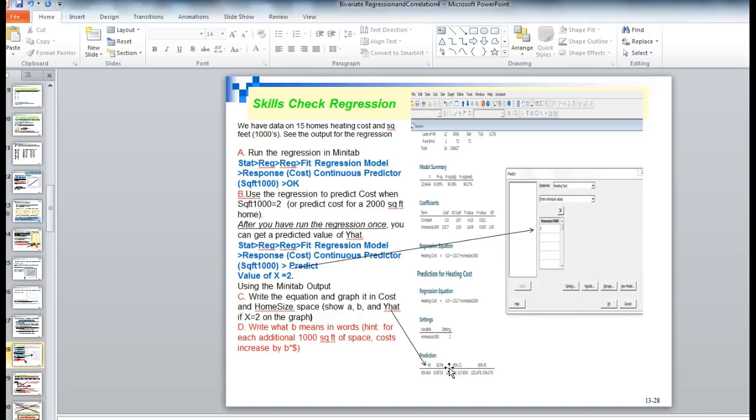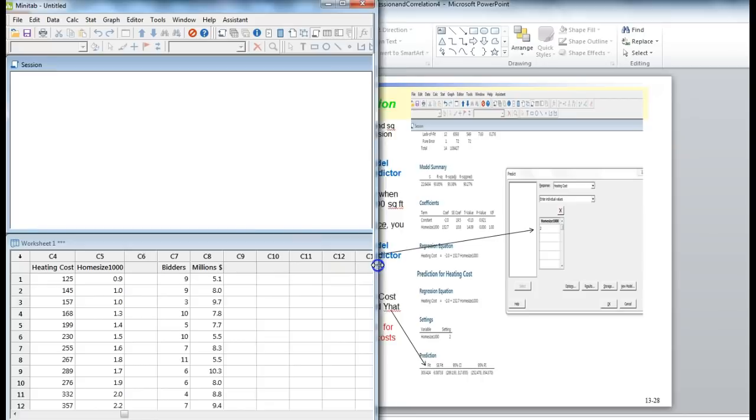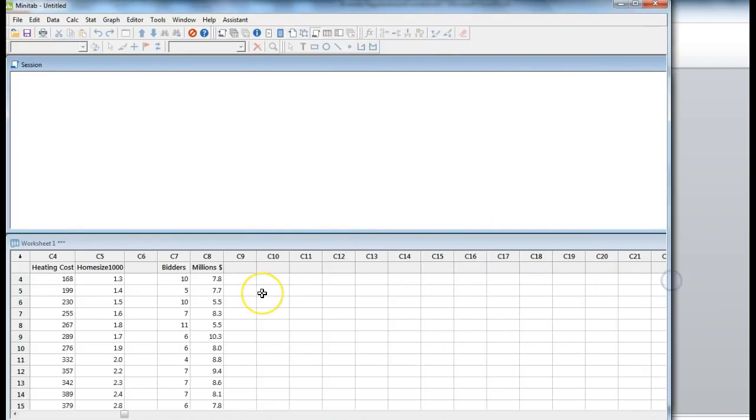So let's see if we can figure out how to do heating cost. I happen to have already put heating cost and home size into my Minitab here. I've got 15 observations of the cost to heat a home in January, and the different sizes in thousands of square feet.